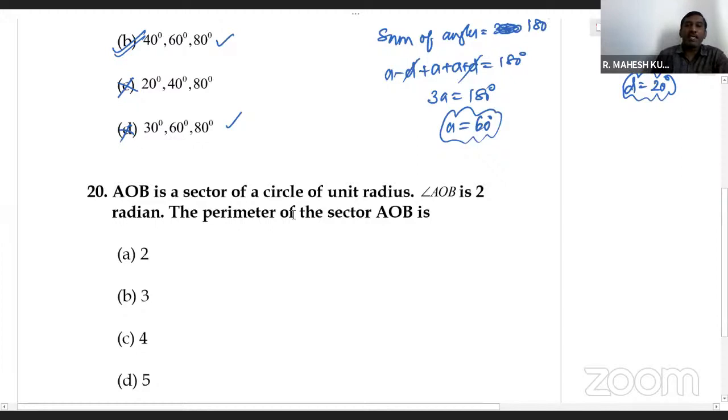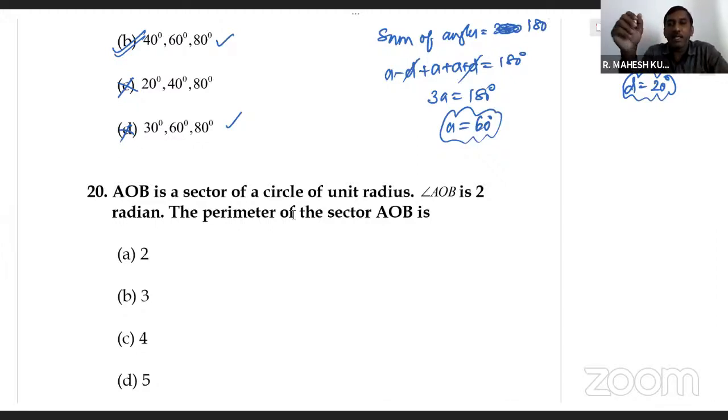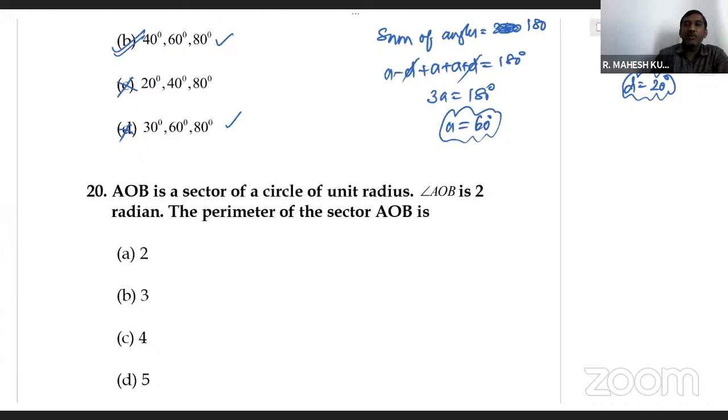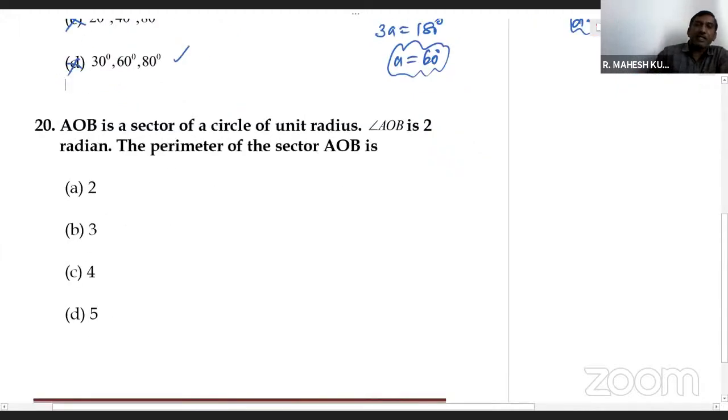AOB is a sector of a circle of unit radius. So AOB is a sector of a circle of unit radius and angle AOB is 2 radian. Then what is the perimeter of the sector AOB? So I will take a circle with sector AOB.